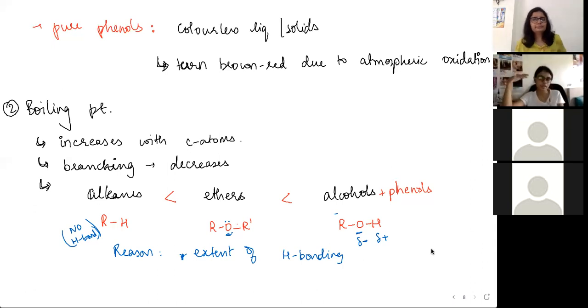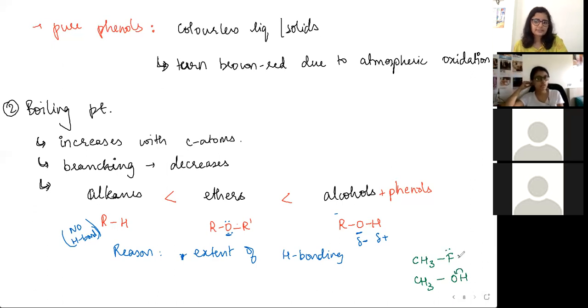That's also debatable because if you look at CH3F and CH3OH, the hydrogen here is again attached directly to oxygen.